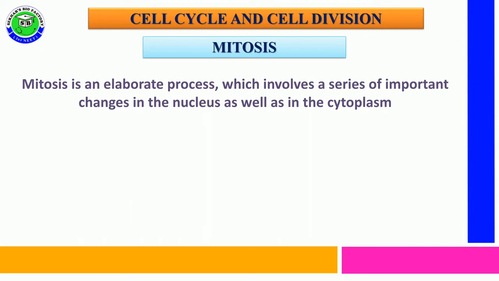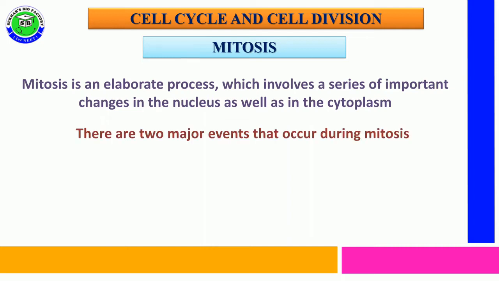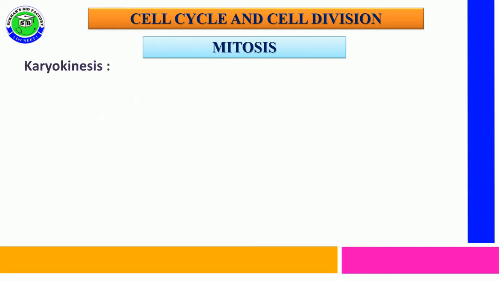Mitosis division is an elaborate process because during it, a series of changes take place in both the nucleus and cytoplasm of the cell. There are two important major events in mitosis division. The first event is karyokinesis and the second event is cytokinesis.